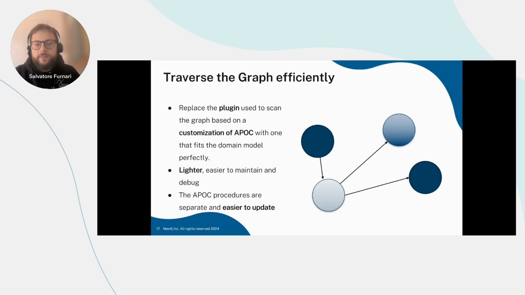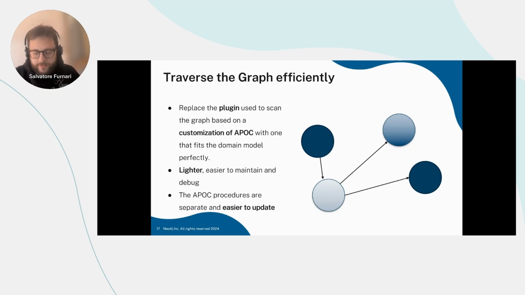Neo4j offers several possibilities. We have quantified path patterns starting from Neo4j 5.9, but this is not feasible for our context. So at the beginning we used the custom APOC, but this solution was not efficient, and comes with a higher cost of maintainability. It's hard to keep the custom APOC aligned with the official plugin.